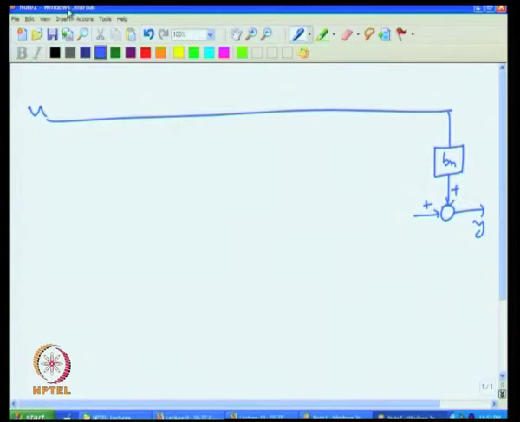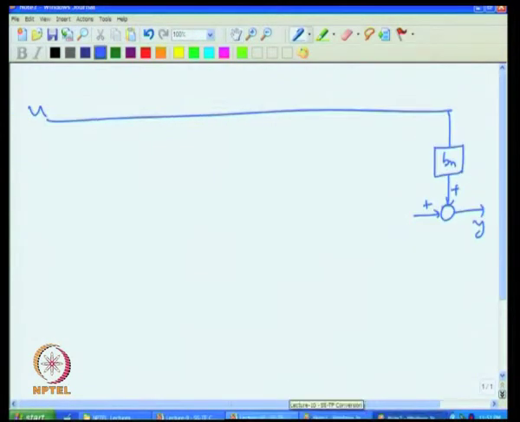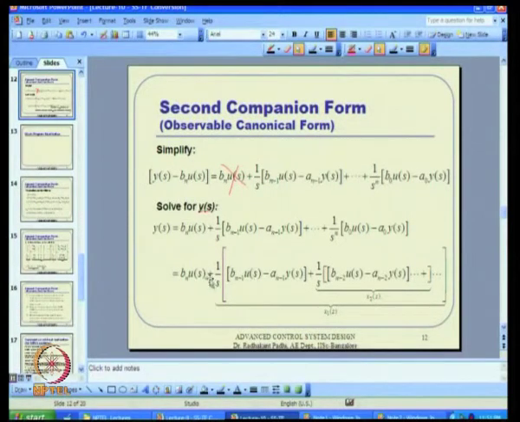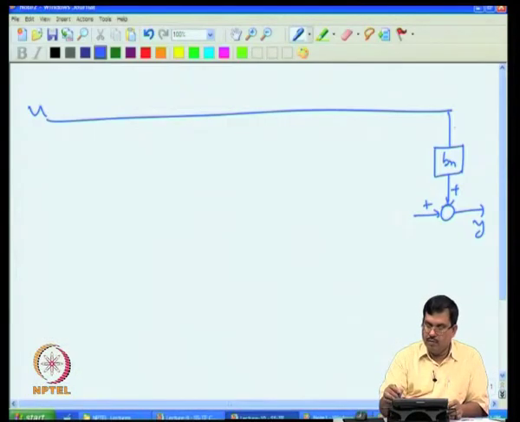So, let us see what y is here. Y is nothing but b n times u of s, plus x 1 of s. The entire term, remember, is x 1 of s. So, b n times u of s is already available to me, this is u, this is b n. So, that is available. Then what I have is simply x 1 here.